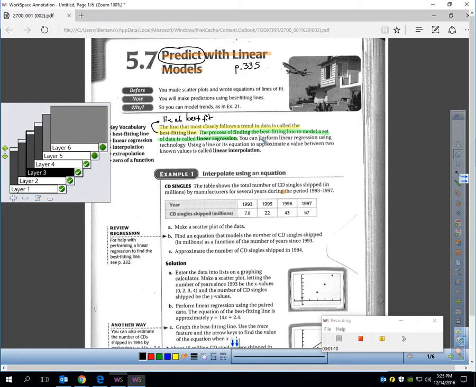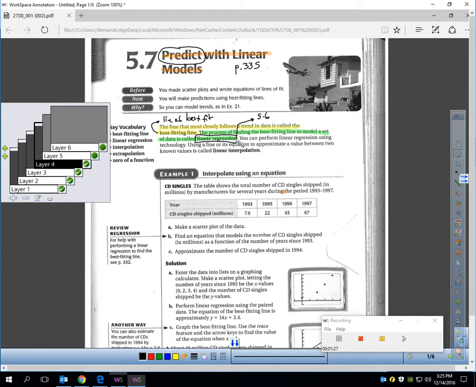The process of finding the best fitting line to model a set of data is called linear regression. So really, I'm kind of surprised the book didn't bring up this term in the last lesson, because what you did in lesson 5.6 is linear regression. You made a scatter plot, you determined what kind of correlation the graph had, you drew a line of fit.